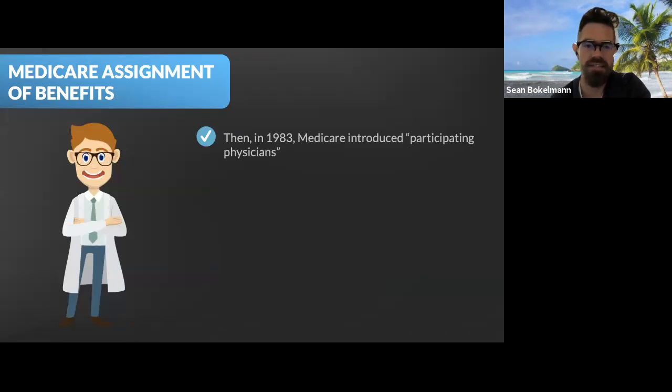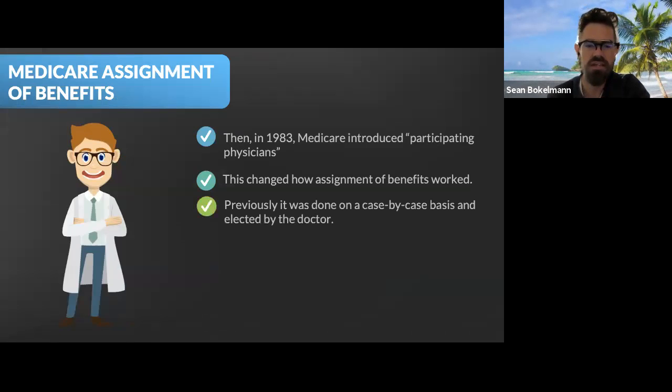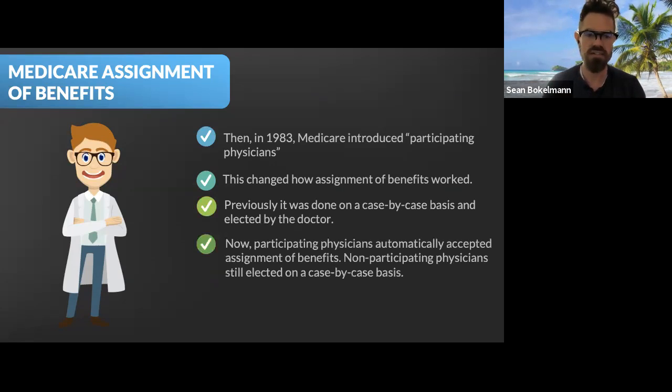And then in 1983, they introduced this concept of participating physicians. And this fundamentally changed how the whole assignment of benefits worked. So previously, it was done on a case-by-case basis, right? So a doctor would have a patient, and for that particular patient, they would decide whether they wanted to take the assignment of benefits or not.